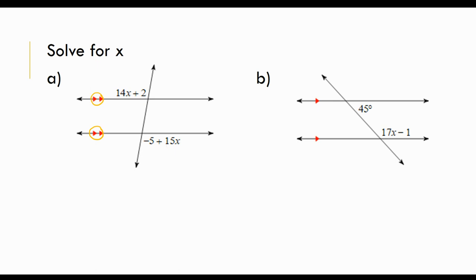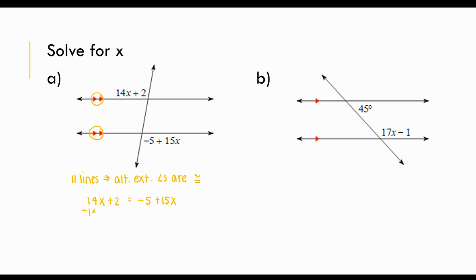They are exterior angles, they are alternate, and so because I have parallel lines, remember, with parallel lines, I know that alternate exterior angles are congruent. So congruent means equals. To solve for x, I'm going to take 14x plus 2 and set it equal to -5 plus 15x.